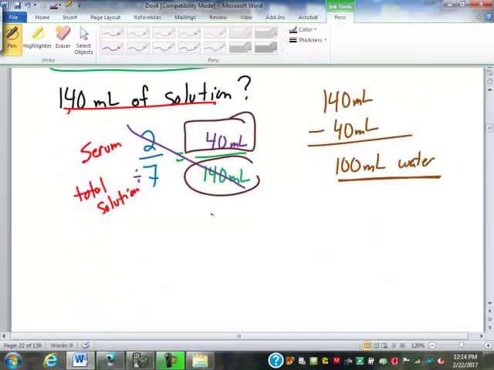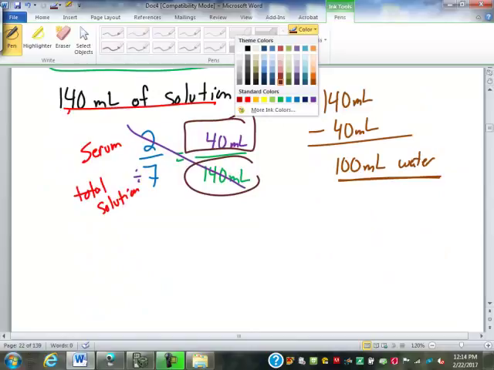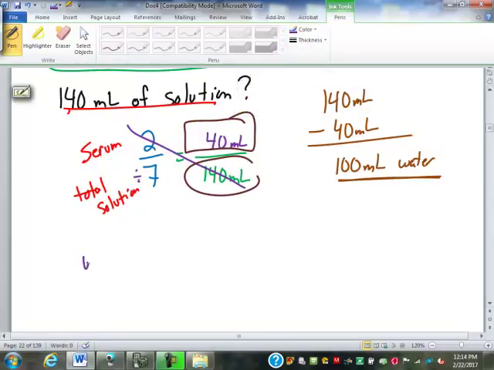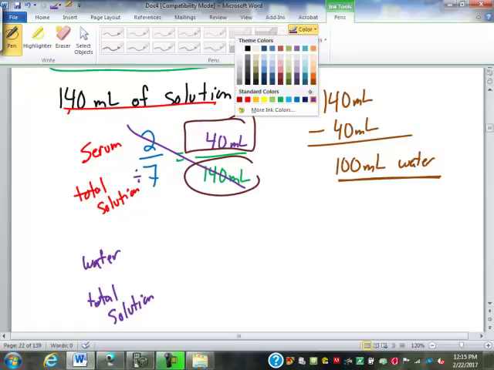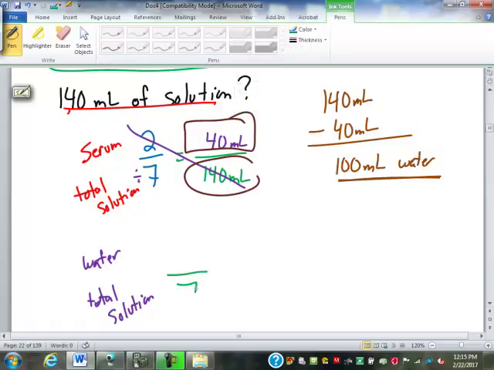The other option here would have been we could create that ratio of water to total solution. In that ratio, the total solution would still be 7. If 2 out of those 7 parts are serum, how many parts have to be water? 7 minus 2 gives us 5.